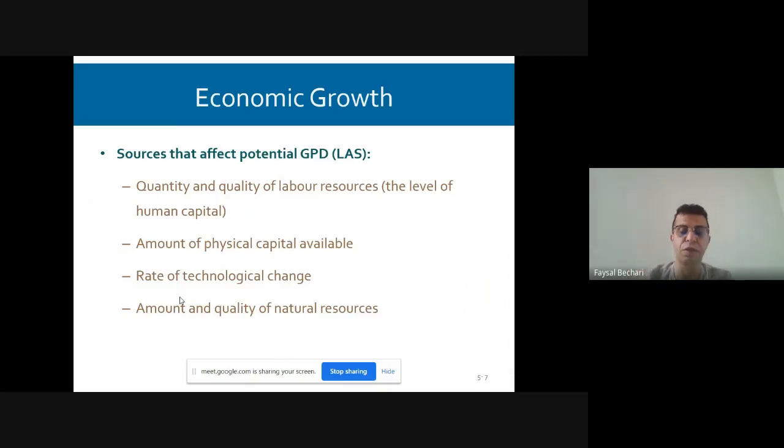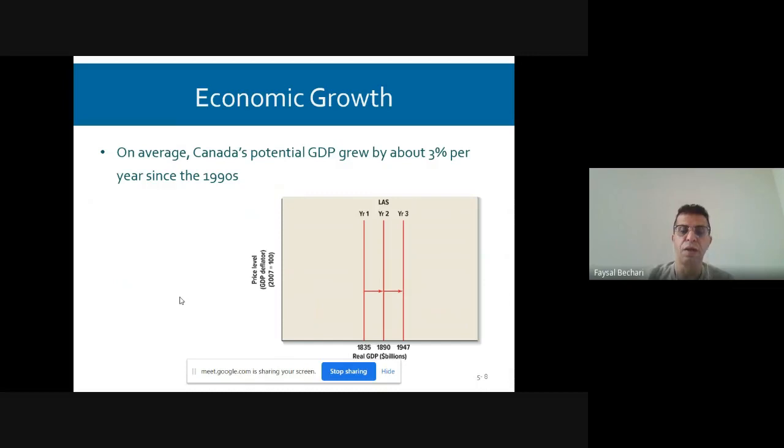Now, the quantity of natural resources. You see some countries suddenly find some gas, and this gas can give a jump in their growth. Ten years ago in Canada, they found lots of oil, and this also gave a jump in their growth.